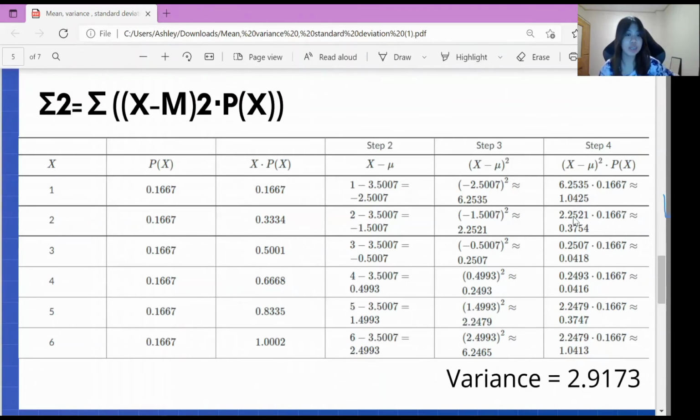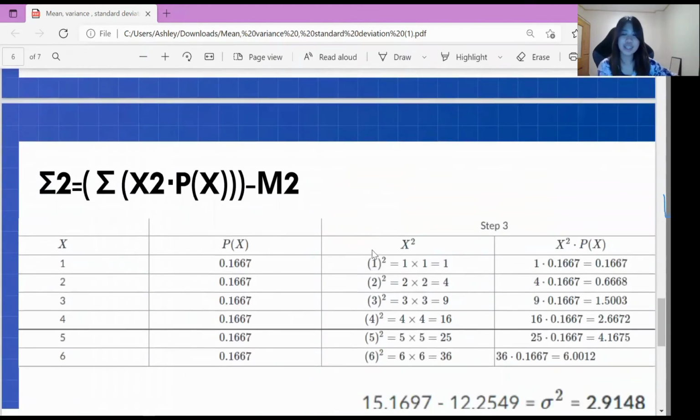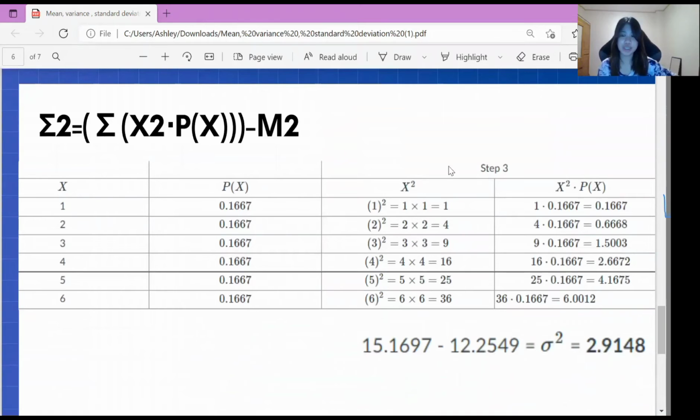So for this table, we have added 1.0425 plus 0.3754, 0.0418, 0.0416, 0.3747, and 1.0413, and that sums to 2.9173.